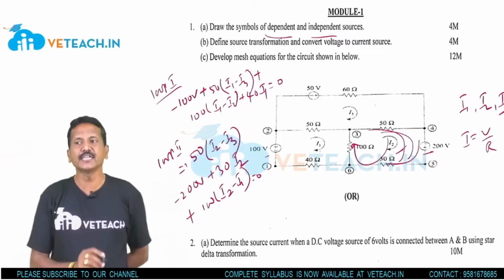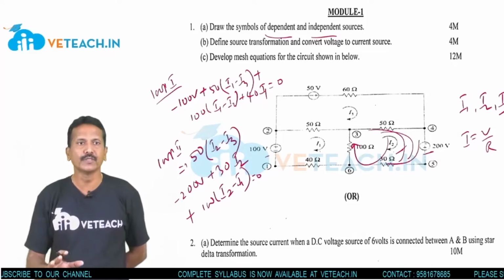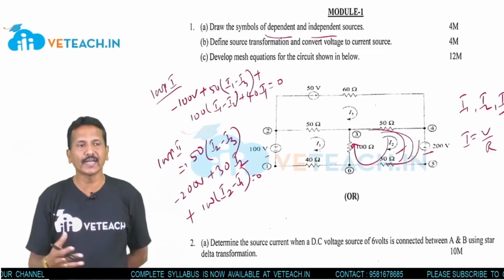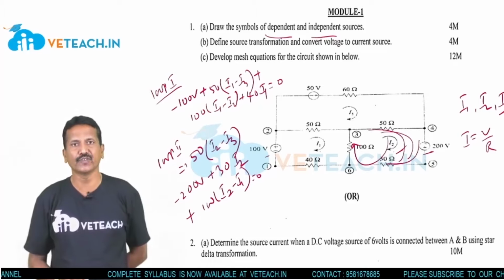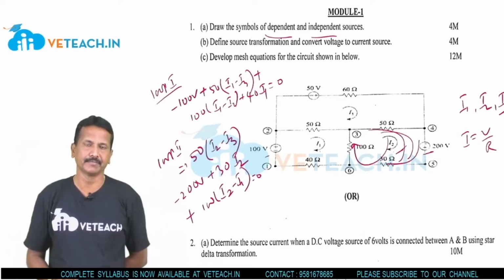So you will get the relations in terms of I1, I2 and I3. Three loops give three different relations. So you go for 3 by 3 matrices and find the unknown currents, that is I1, I2 and I3.